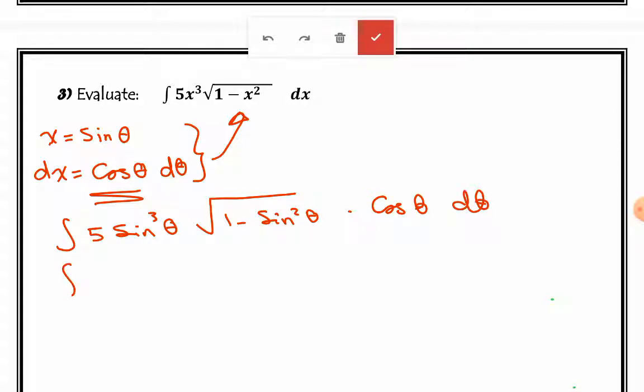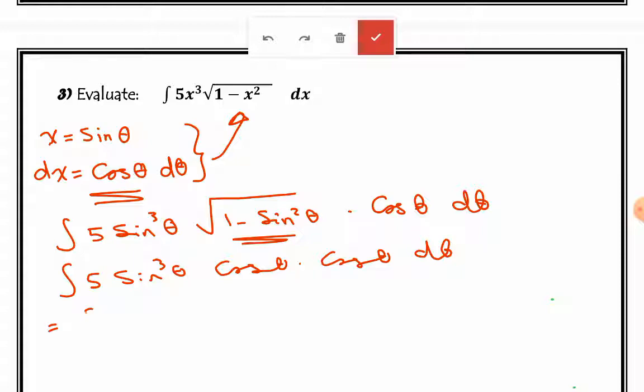Next step is 5 sine cubed. I will leave it the same, but here 1 minus sine squared, which is cosine squared, and outside the root will be cosine theta, and 1 more cosine theta outside here. So in the next step, they all will be 5 sine cubed theta times cosine squared theta d theta, right?